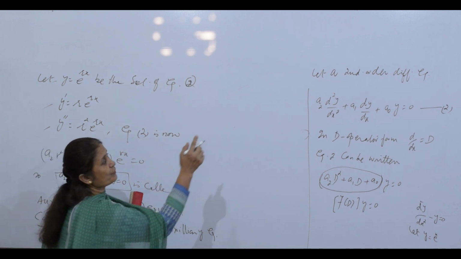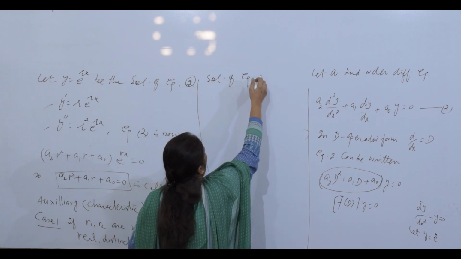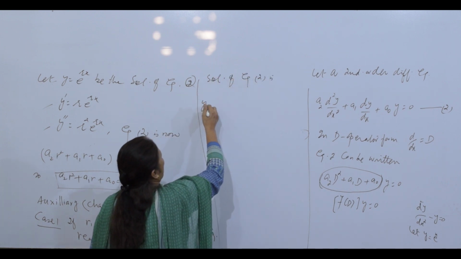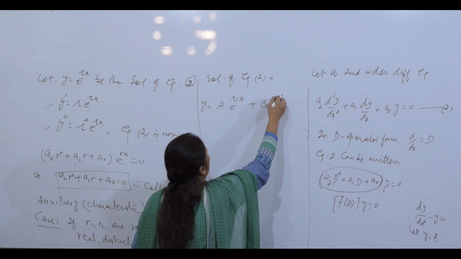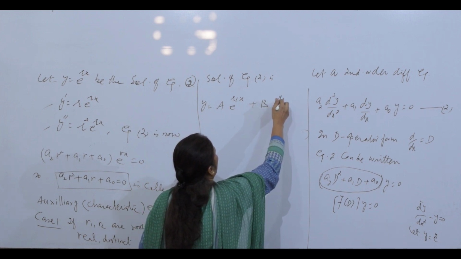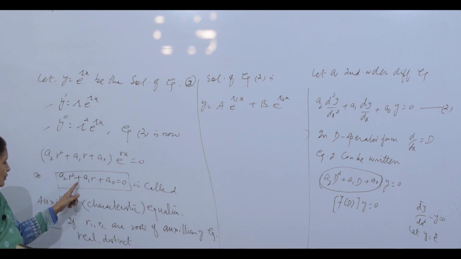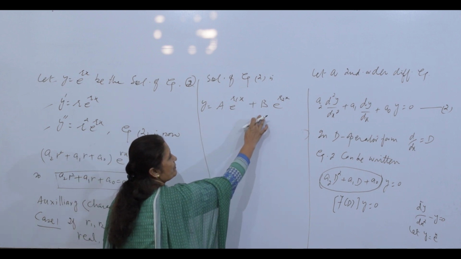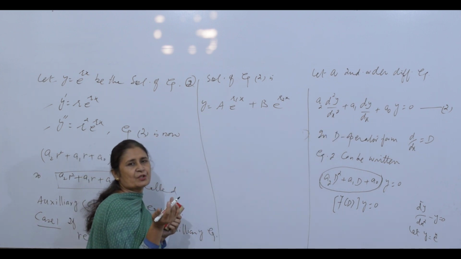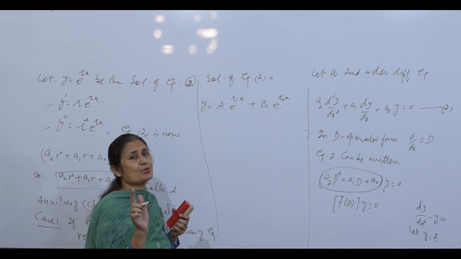Then the solution of equation 2 is y equal to A e^(r1 x) plus B e^(r2 x). This is the way you write the solution if roots are real distinct. You solve the auxiliary equation, find the roots, and A, B are 2 constants because it is second order. If this is third order, 3 constants, fourth order, 4 constants. And we have finished with first order, so we have 1 constant.